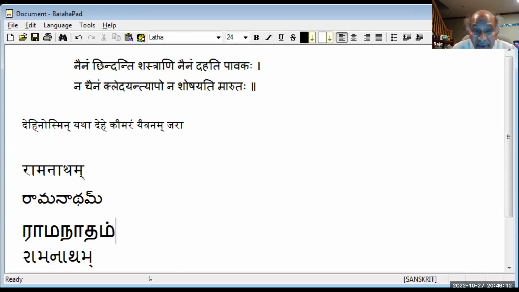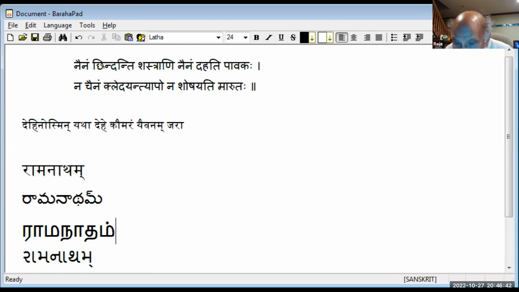In Baraha Pad, mine is coming slightly differently, sir. I wanted to show it to you. That's the problem with version 10.10 from Baraha. I'm using the old one, 8.0, although I paid for 10. I see. In Baraha IME, when I right click, I'm not able to see that language option that you said.